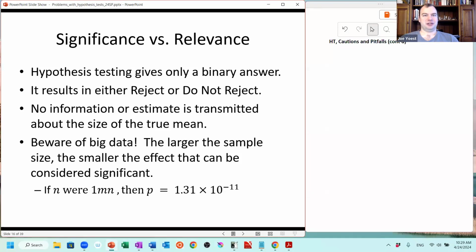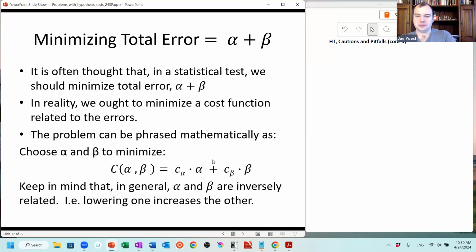Maybe it's not a big enough effect size to make any qualitative difference on our understanding of the world or on our course of action moving forward, but it's highly statistically significant. So we don't want to conflate the two ideas of statistical significance versus practical relevance. Sometimes the two are aligned, but sometimes they're not. So we want to make sure that we understand that. Just having a very small p-value does not mean that this is a very, very important result for our practice.